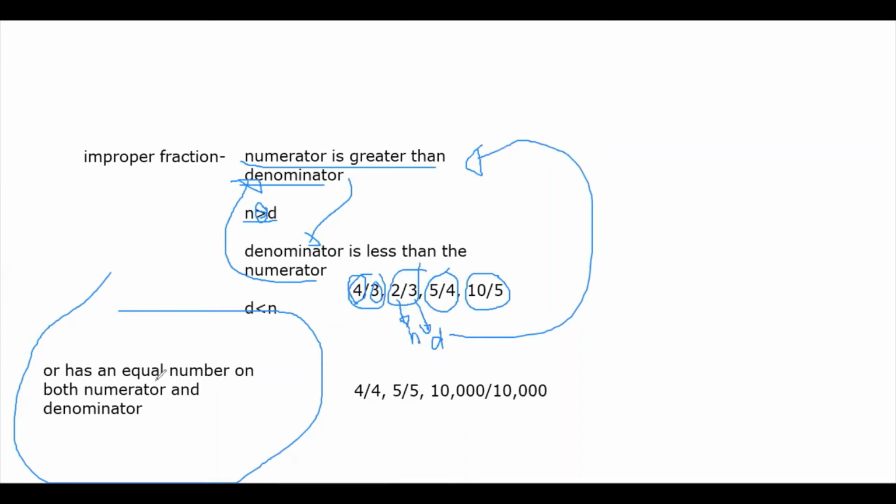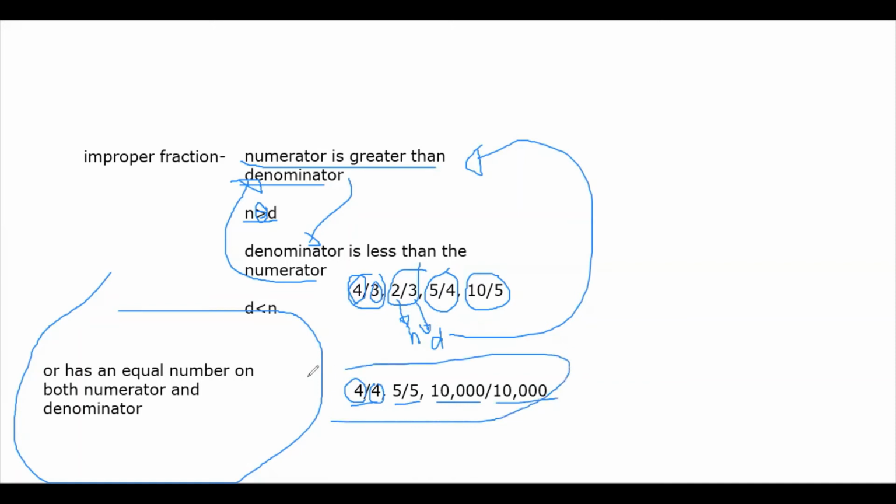An improper fraction also has an equal number on both numerator and denominator. So both are equal. The numerator and denominator are equal. We have 4 over 4, 5 over 5, 10,000 over 10,000. Okay?